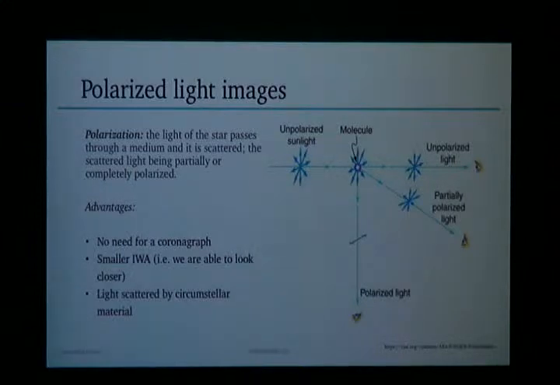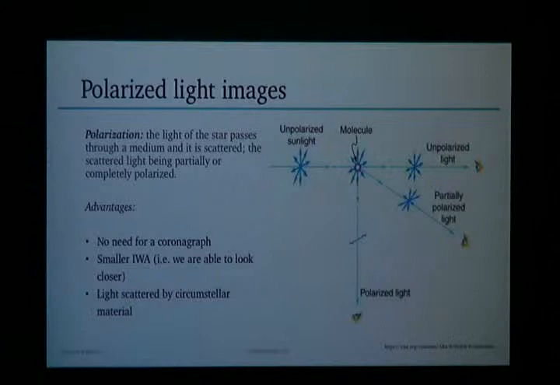polarization can arise from several processes, but the one that we are interested in is polarization by scattering, because if you have a disk, the light of the star passes through this disk medium and gets scattered by the dust. So from this, we can learn about the properties of the dust that scatters this light.